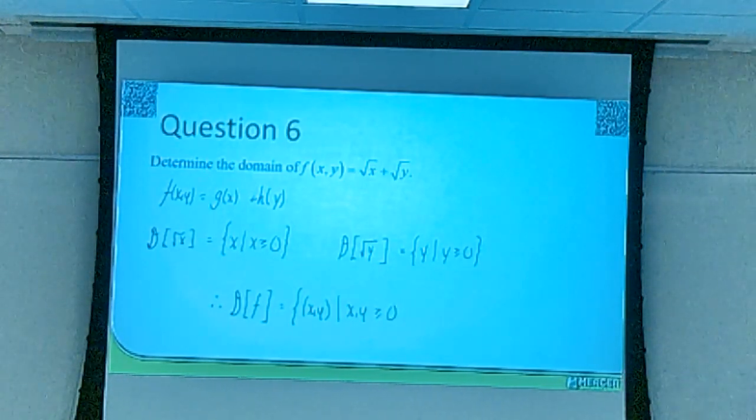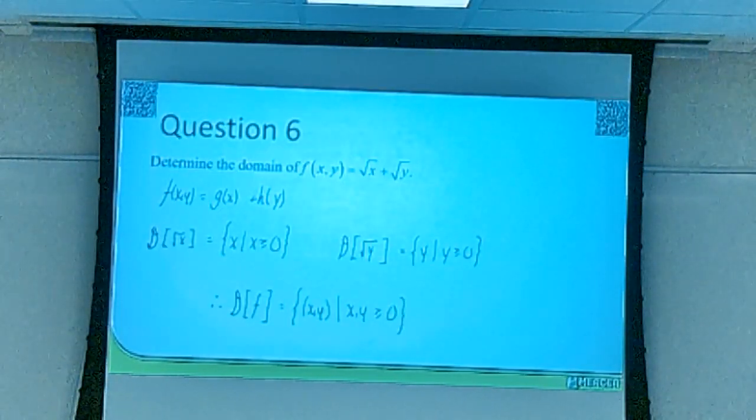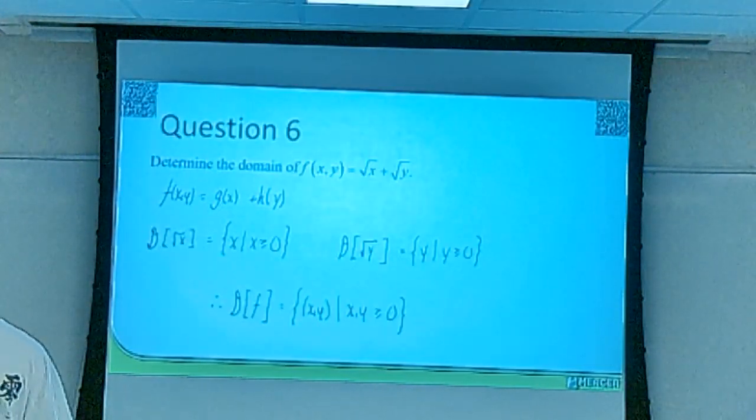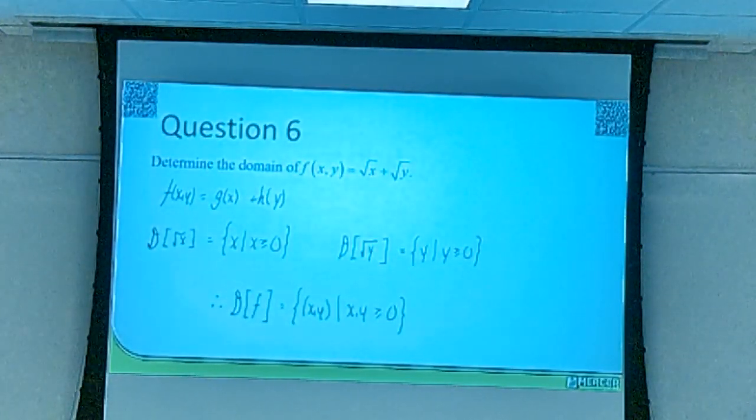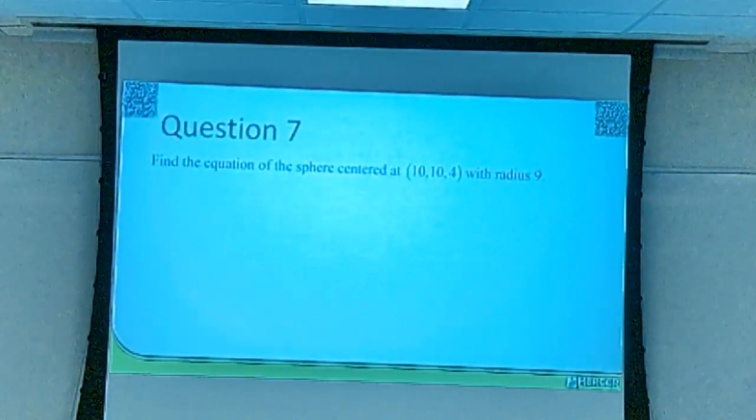And so that's the set of all ordered pairs x and y such that x and y are greater than or equal to 0. This was pretty straightforward.